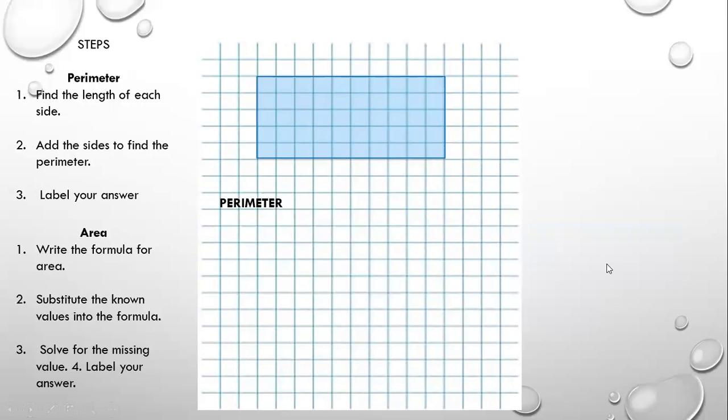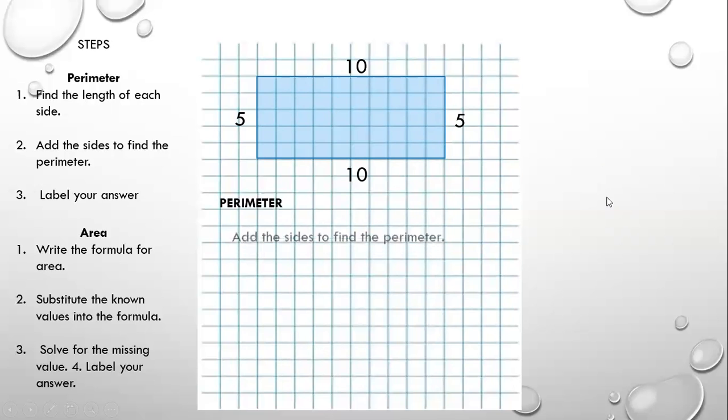And our last problem, which will be your number 2 in the structured guided practice, we have another rectangle here. The width for this rectangle is 5. Our length, 1, 2, 3, 4, 5, 6, 7, 8, 9, 10, is 10. And that's going to be the same right around the rectangle.